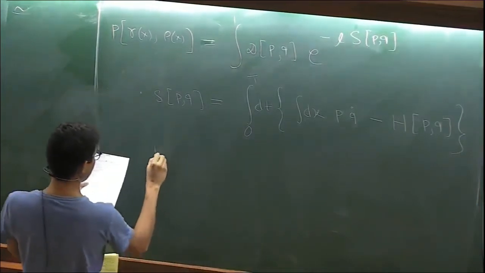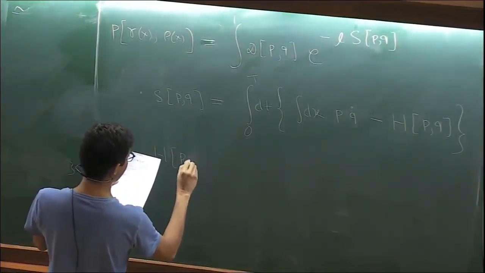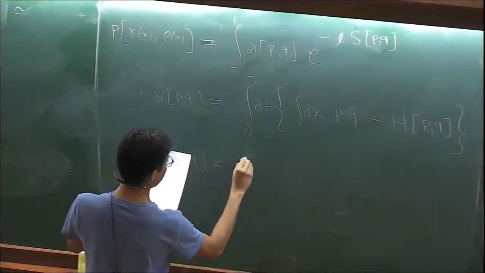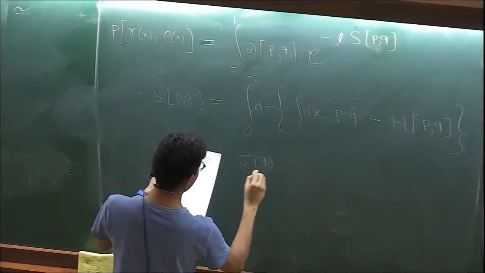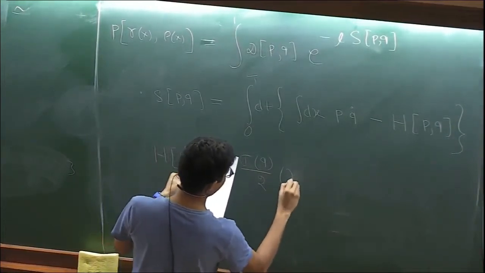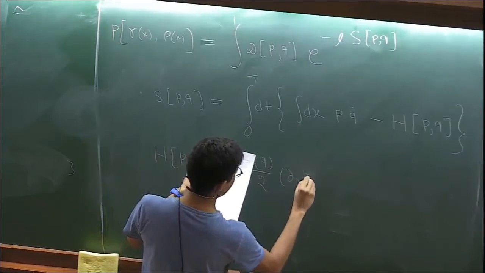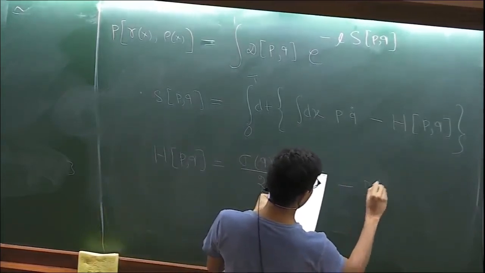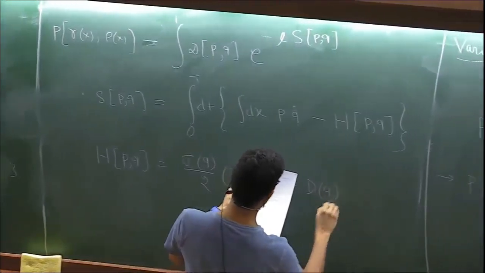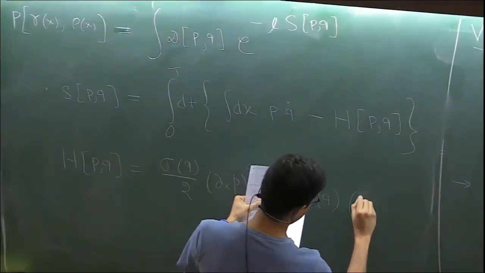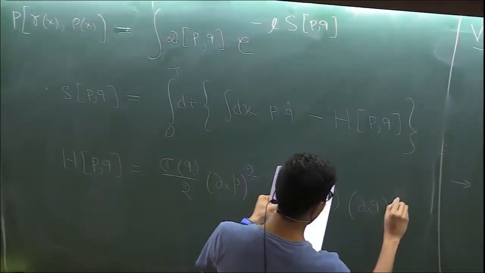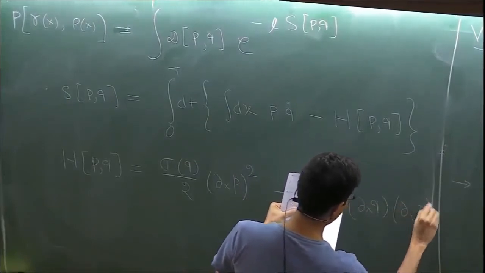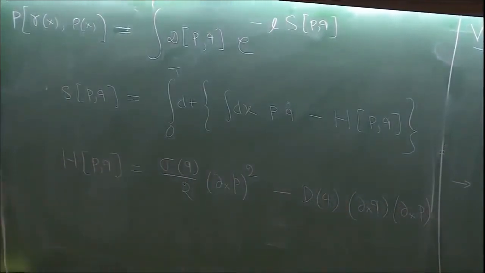You will find that the Hamiltonian of p, q is given by this form. This is like the kinetic energy part, and this is like an effective potential part. So this is the Hamiltonian.